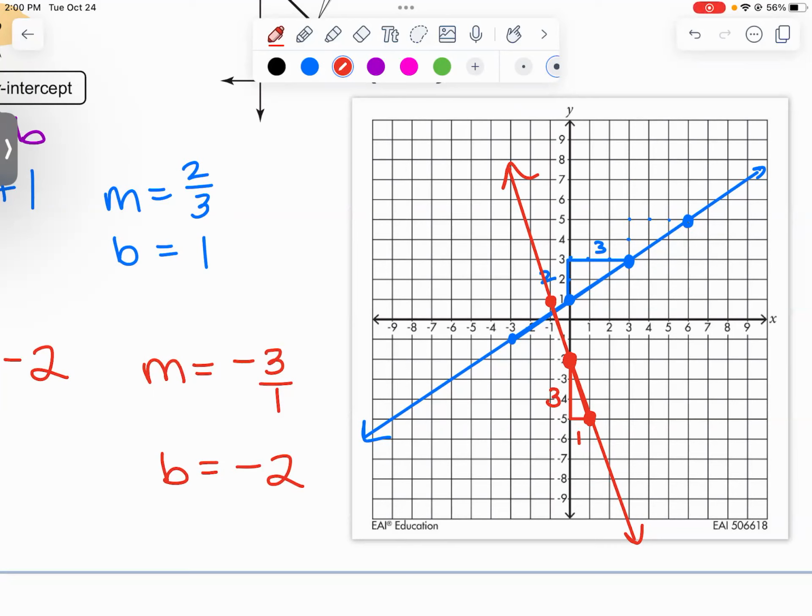Remember, it's rise over run. So I went down 3 and right 1. I also went up 3 and left 1 to make that negative slope.